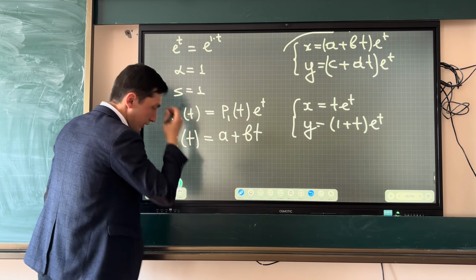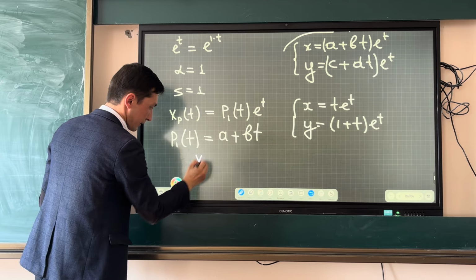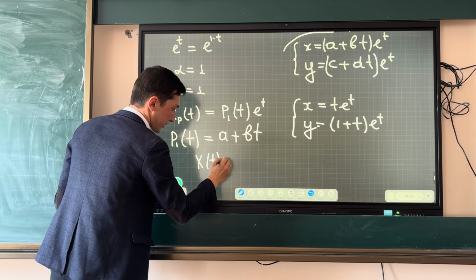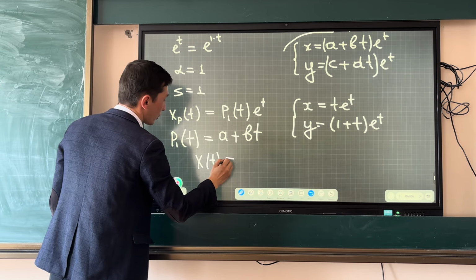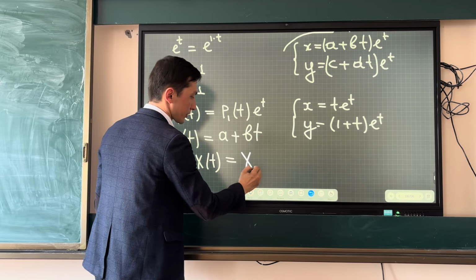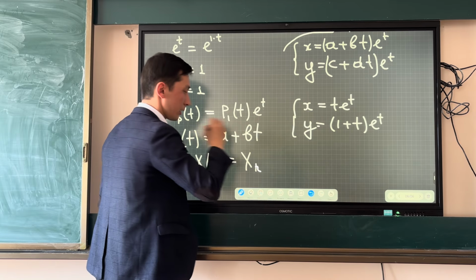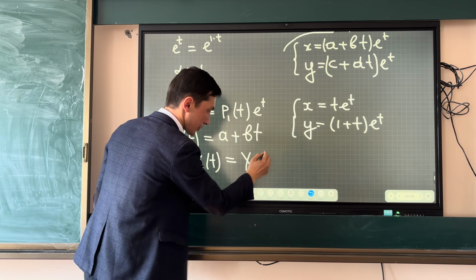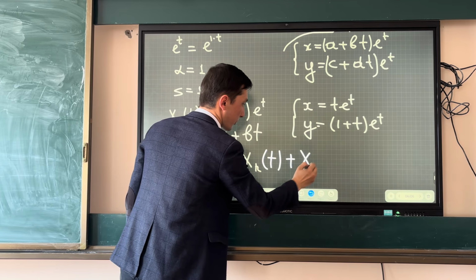So the general solution of the non-homogeneous system can be written as x of t equals x of the homogeneous system plus x particular.